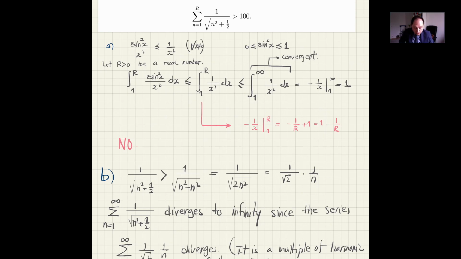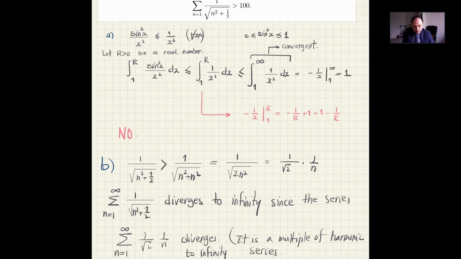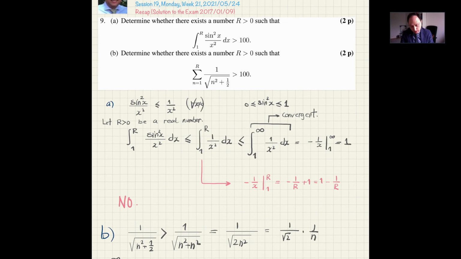So the question is, can you determine a number r so that this happens? The answer is yes. Can you find a number that is bigger than 1 million, for example? The answer is again yes. Because this series diverges to infinity, it becomes bigger than any pre-assigned number that you can imagine. So the answer to the second part is yes. The answer to the first part is no, and that was the reason.